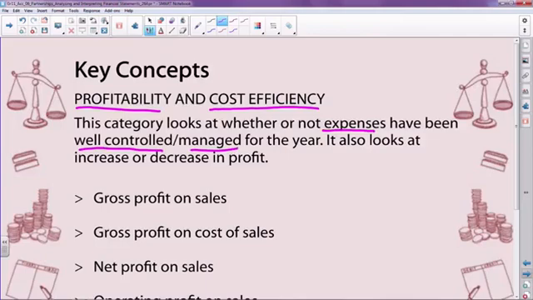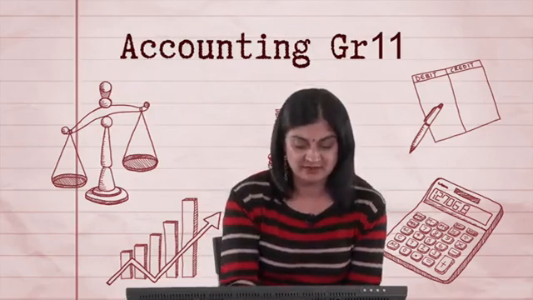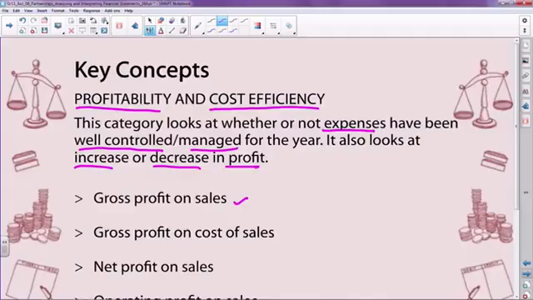It also looks at whether there's been an increase or decrease in profit. The various ratios that fall under profitability and cost efficiency are your gross profit on sales, and then gross profit on cost of sales. This particular ratio looks at whether your markup has been achieved.